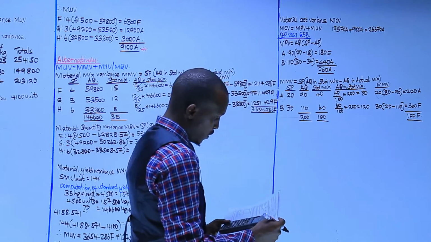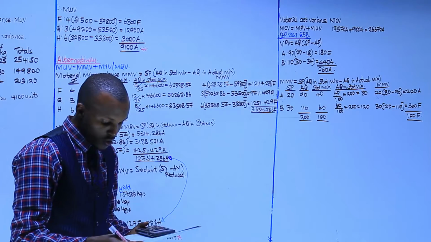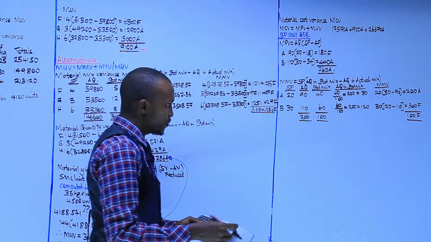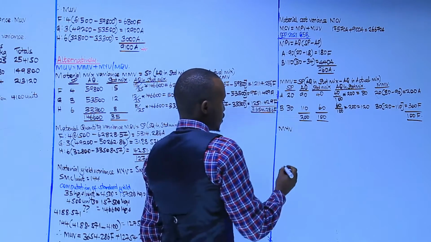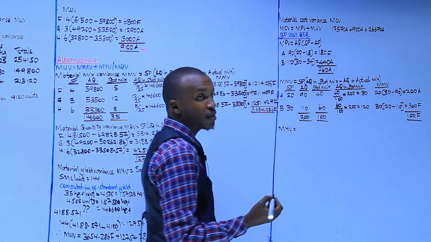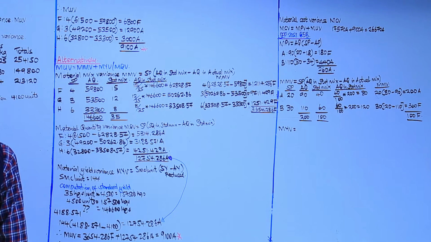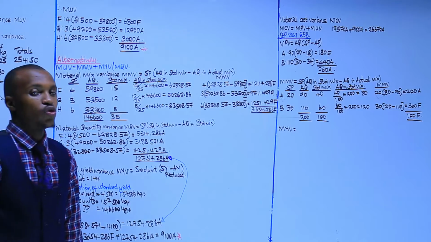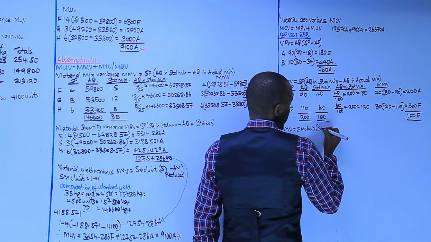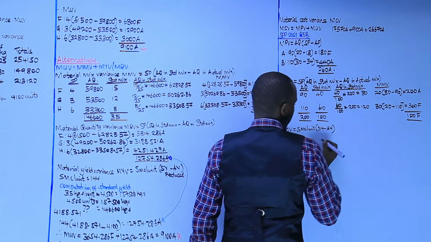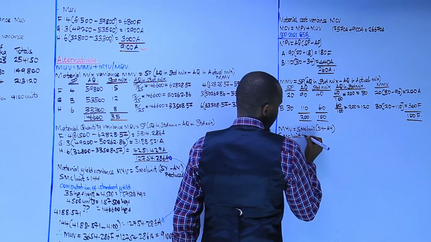The next item they are asking us to determine is your material yield variance. How do you get that? You simply take your standard material cost per unit times your standard yield minus your actual yield. Let's determine our standard material cost per unit.